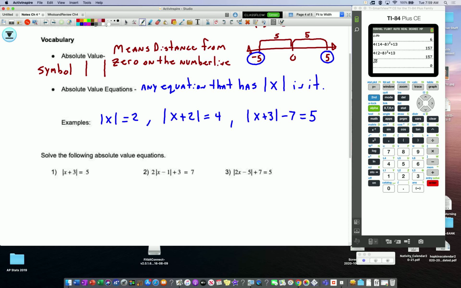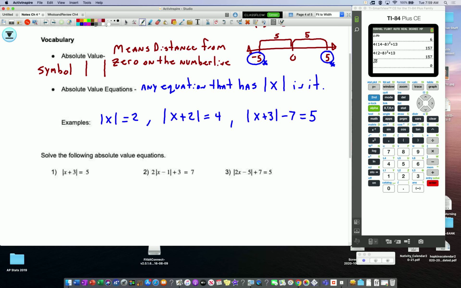Here it says the absolute value of x plus 3 equals 5. That means x plus 3 is 5 units away from 0 on the number line, so it could be located at 5 or at negative 5.